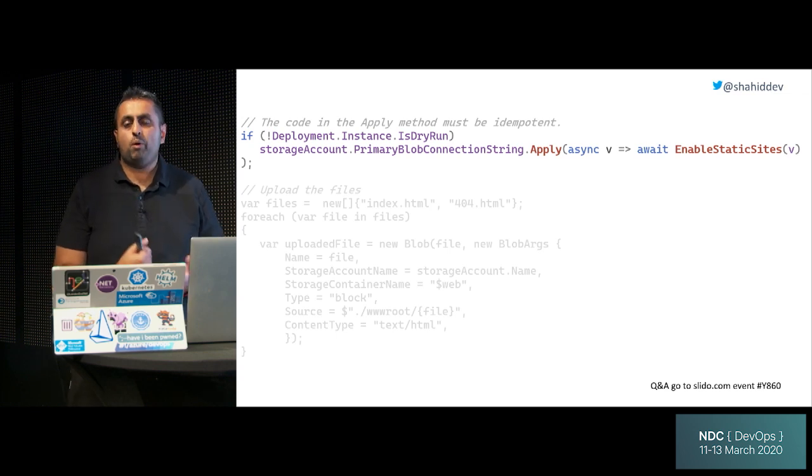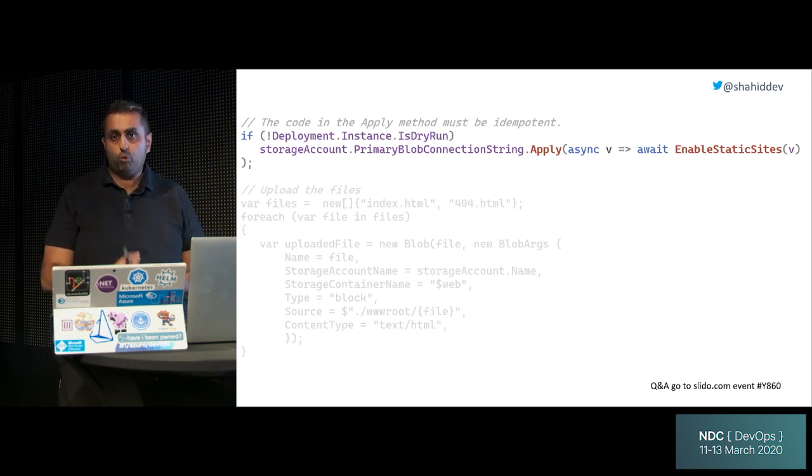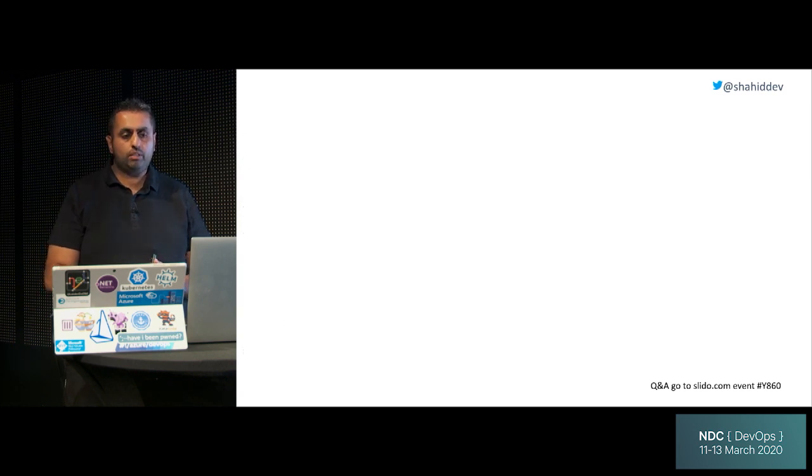I only want to run this if it's a real deployment and not a dry run. What I'm doing here is taking the storage account, more specifically the connection string, and invoking a function, passing in the storage connection string. We'll come back to this snippet in a second, but let's have a look at that method.